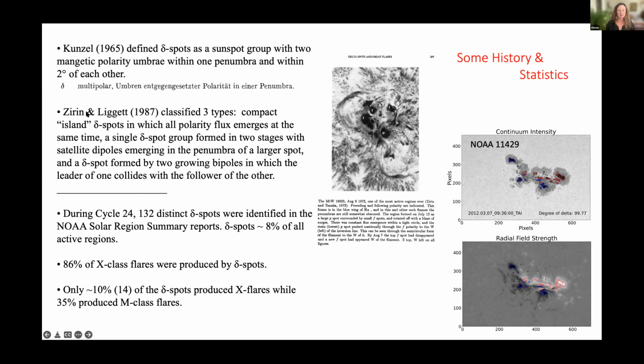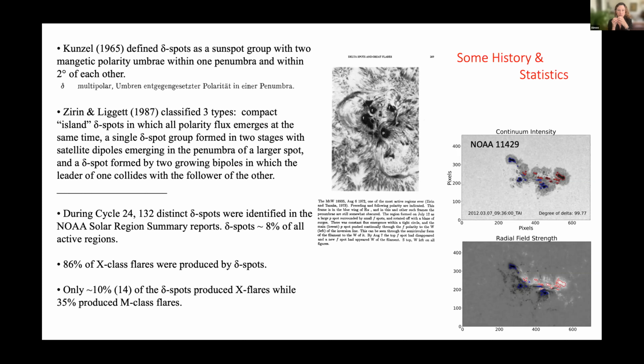And then Zirin and Liggett have a very useful paper after using 2 decades of Big Bear Solar Observatory data. In 1987, they classified 3 types of delta spots. Famously, I think they coined the term island delta, which is sort of what you imagine when you think of a delta spot caused by a kinked flux rope.